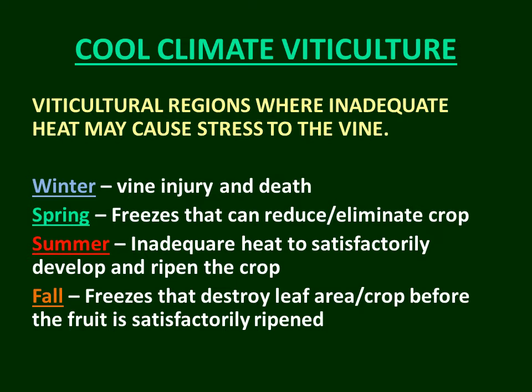So all year long, in a cool climate situation, there are things that inadequate heat can do negatively to our vineyard, and we want to be aware of that when we pick the site for our vineyard.